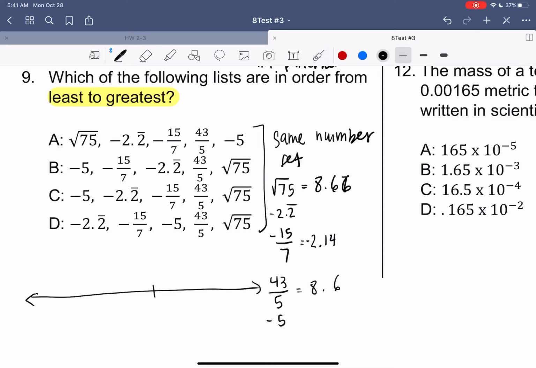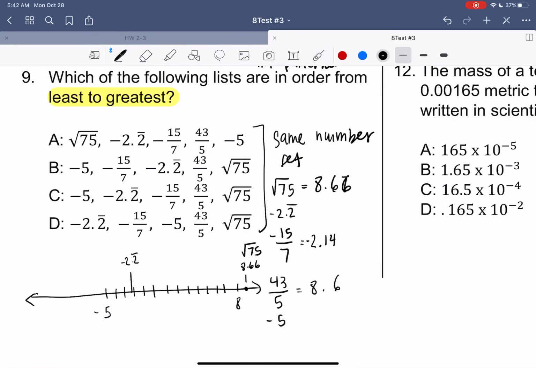So we have up to 8: 1, 2, 3, 4, 5, 6, 7, 8. And negative 5: 1, 2, 3, 4, 5. Negative 5. So when I take these numbers, I'm going to have 8.66, which is the square root of 75. Negative 12.2 right here, repeating.